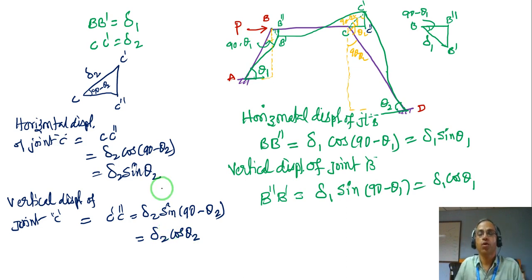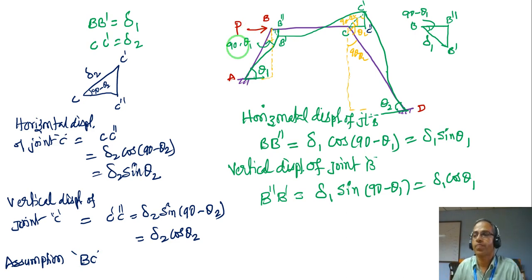Now having understood this, we know the fundamental assumption here is that the member BC has no axial deformation. Since the member BC has no axial deformation, the horizontal displacement at joint B must be equal to the horizontal displacement at joint C. That means B double dash must be equal to C double dash.